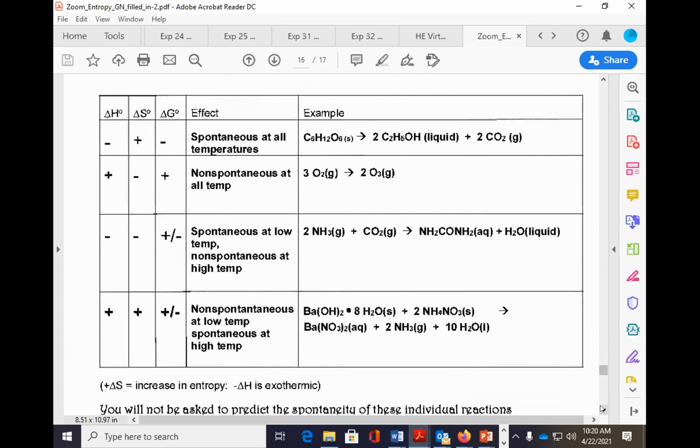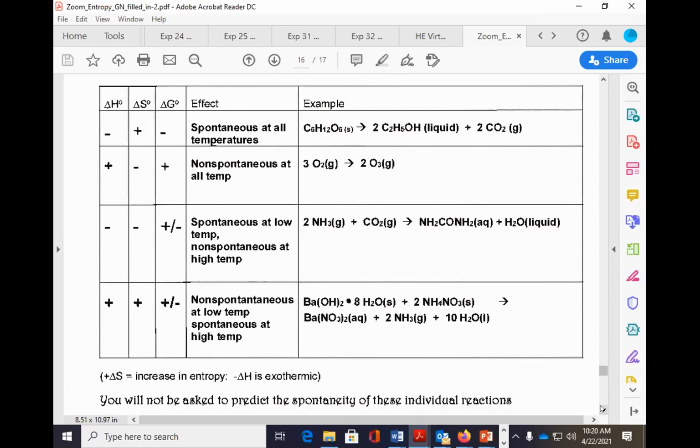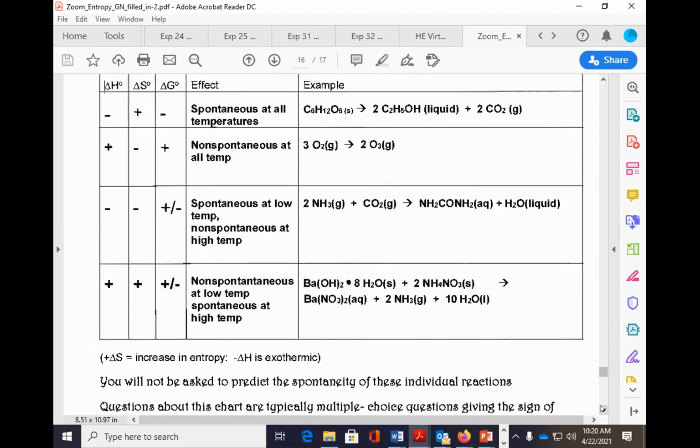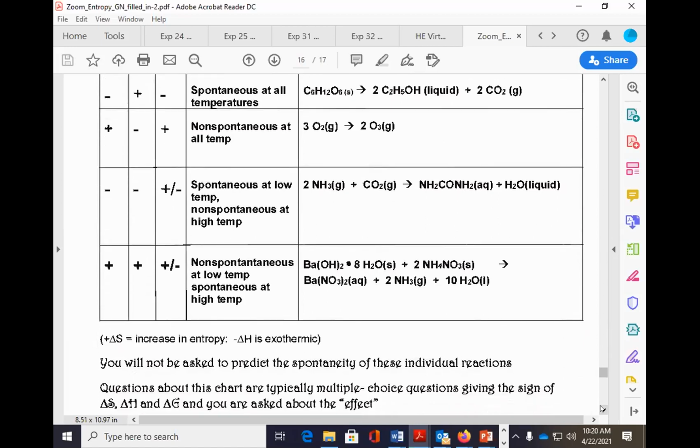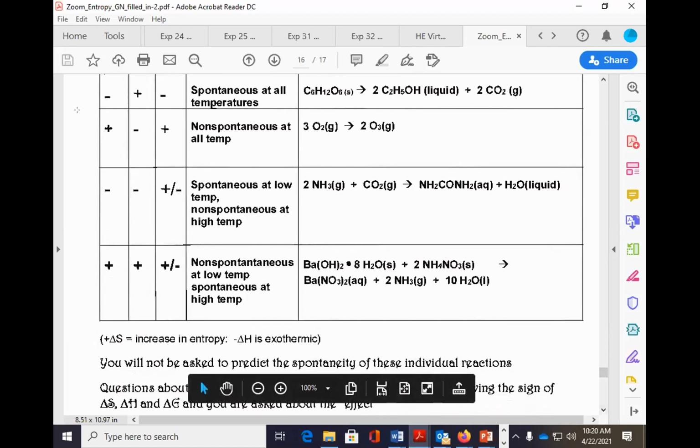And I would not ask you to predict the spontaneity of these individual reactions as far as delta G. You could look at the phases and figure out the entropy change. So these are typically multiple choice kind of questions where you're given the different scenarios for the enthalpy and the entropy.